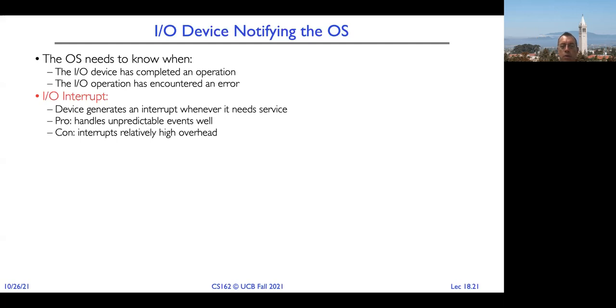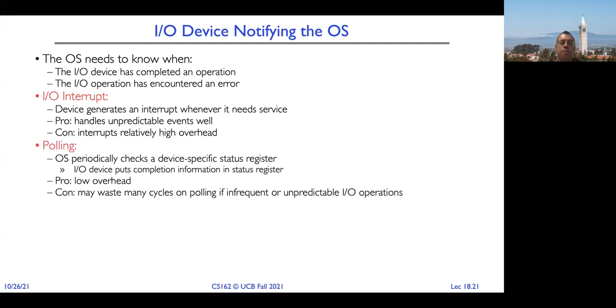Also, you can handle unpredictable events, like a new packet arriving on the network. The disadvantage is that interrupts are expensive. It's a context switch. When I raise an interrupt, most likely a user process was executing. So you need to do a context switch to go to the operating system, handle the interrupt, and then go back to user mode to continue running the process.